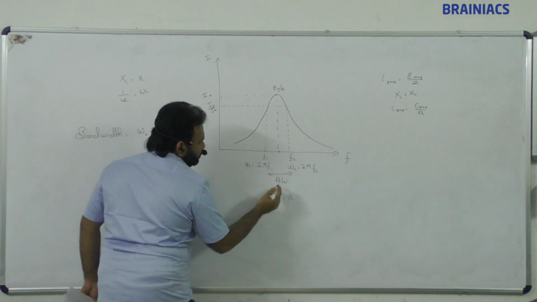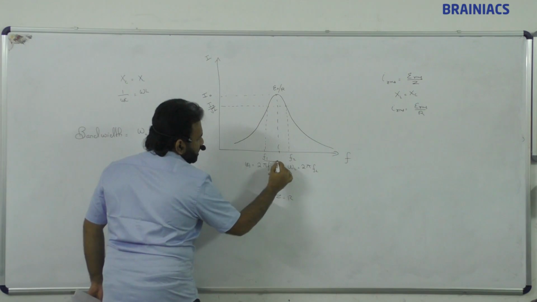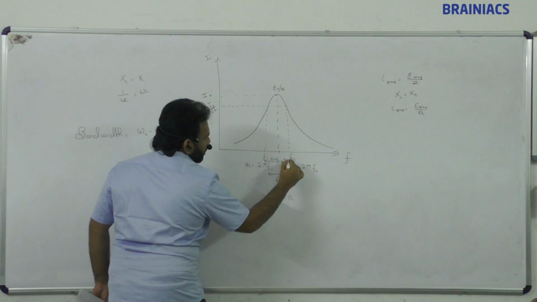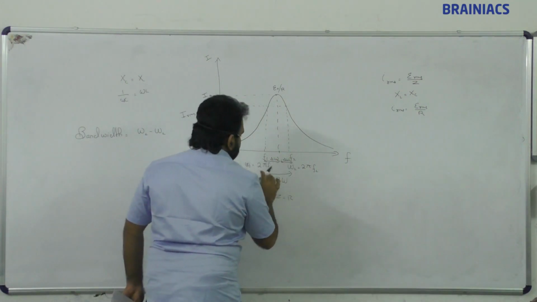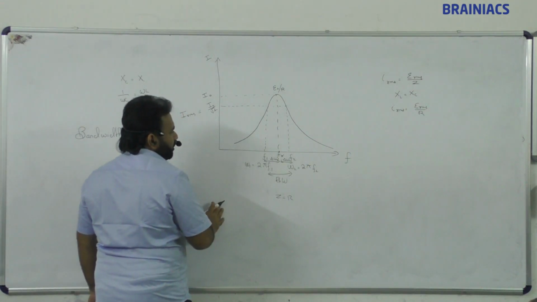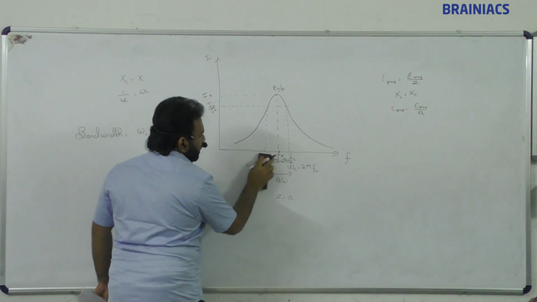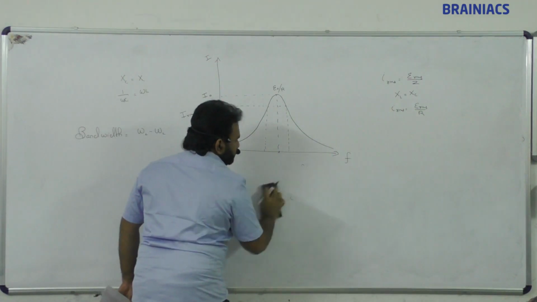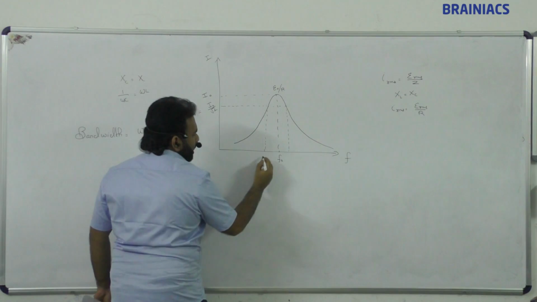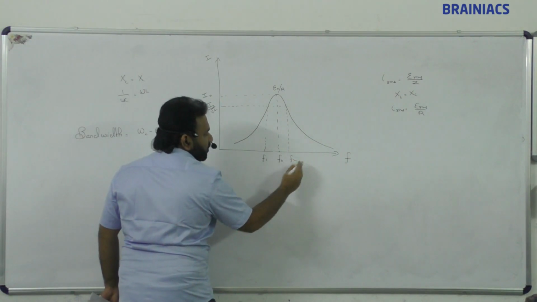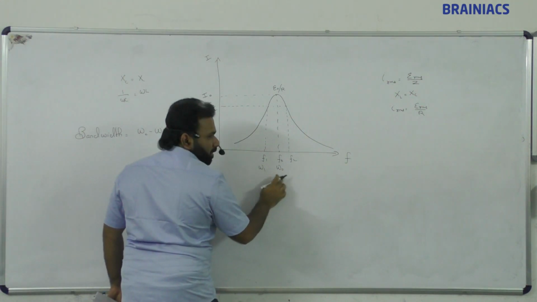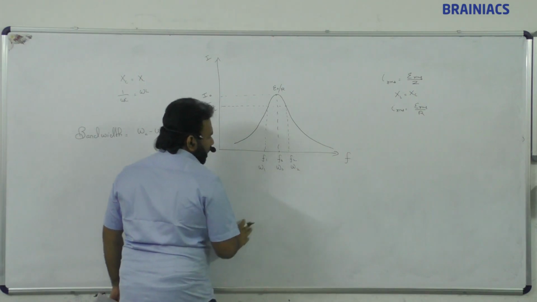Suppose we consider this as delta omega and this one as delta omega, where this is omega 1, this is omega 2, and this is FR, the resonant frequency. I will write it neatly. So this is resonance frequency F0, this is F1, this is F2, and this is omega 1, the resonant angular frequency omega 0, and this is omega 2.